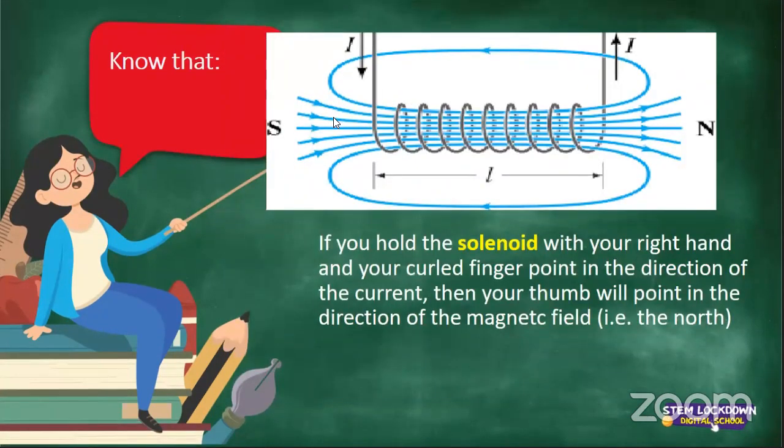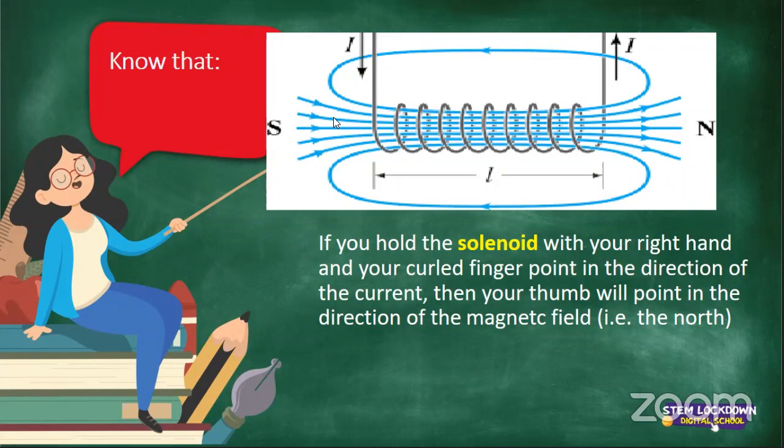Right, now what happens if you are having a solenoid? In the case of a solenoid, if you hold the solenoid with your right hand, your curled fingers will point in the direction of the current, and then your thumb will point in the direction of the magnetic field.